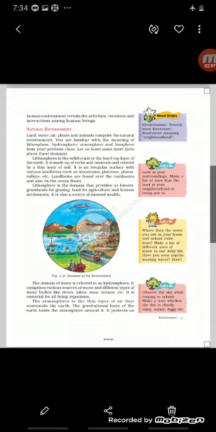We have also read in short about lithosphere, hydrosphere, atmosphere and biosphere. Okay, now we get to learn more about these domains.